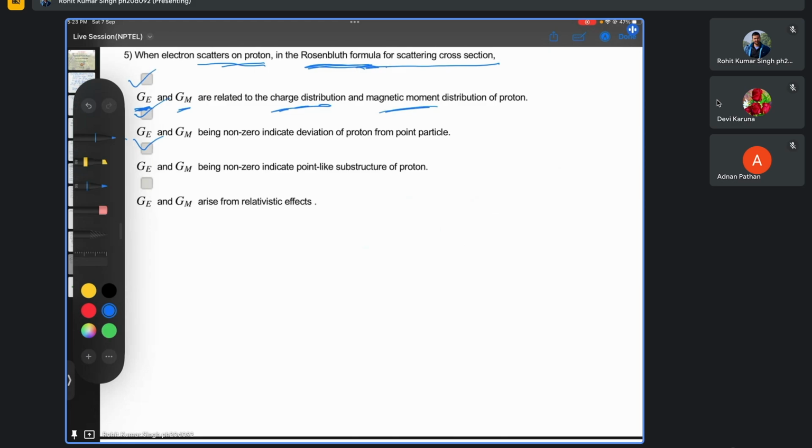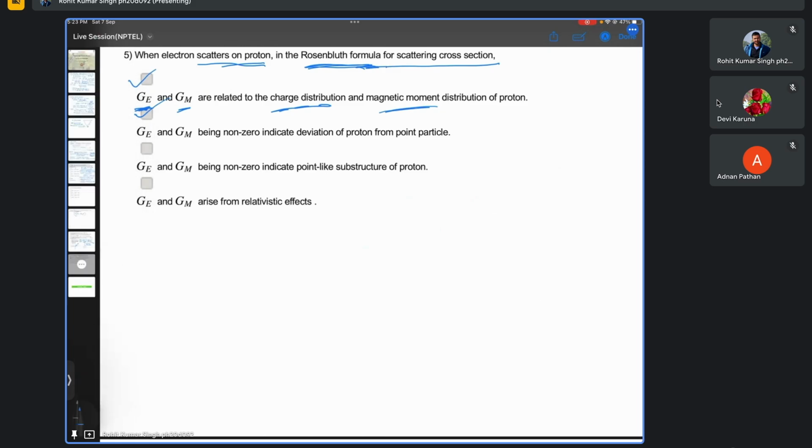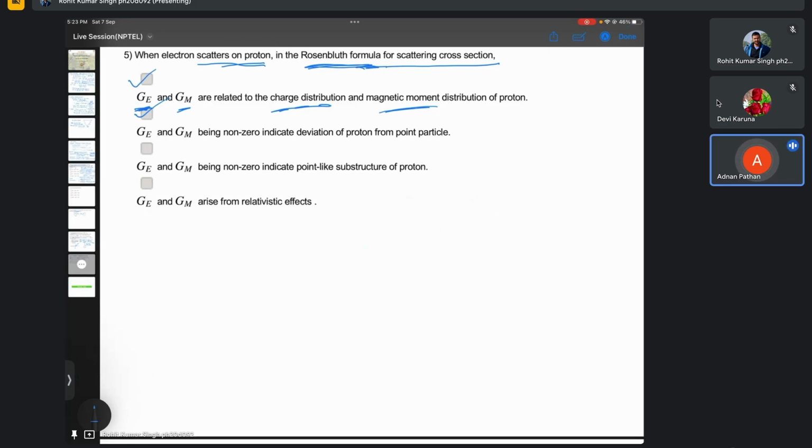G_M being non-zero indicates point-like? No, no, this is wrong. Yeah, these two options should be true. The fourth one is irrelevant: relativistic effects do not affect G_E and G_M, right? Yeah, it should not.